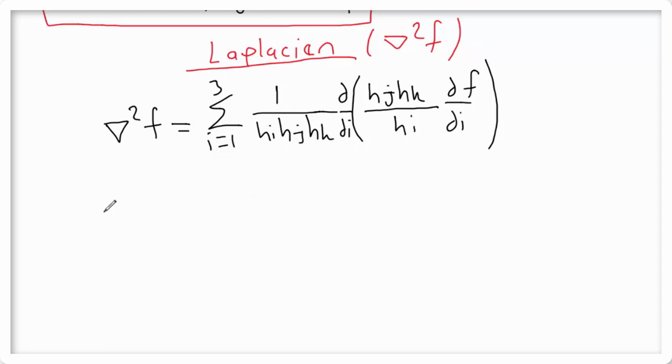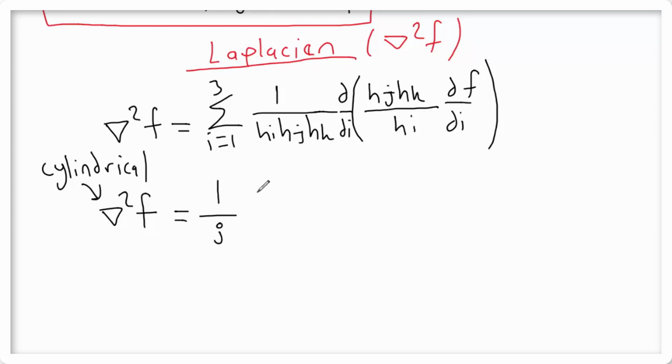So I'm going to write you again dl squared f for cylindrical. Let's write, I say equals. Now you know that the product of h rho, h phi, h z is rho, so 1 over rho. I started with dl rho. I opened parentheses. Which ones are not related to rho? h phi and h z. h phi and h z over h rho.